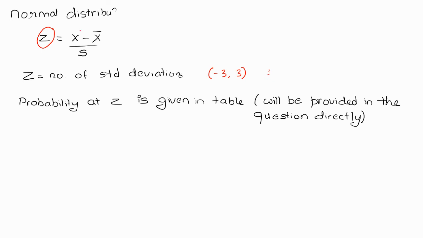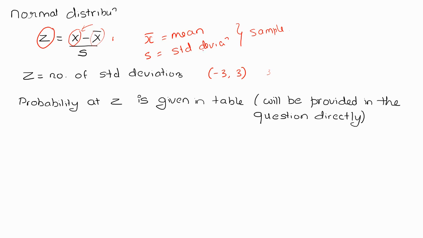This x is the value at which we need to calculate the probability. x bar is the mean of the sample, and s is the standard deviation of the sample.